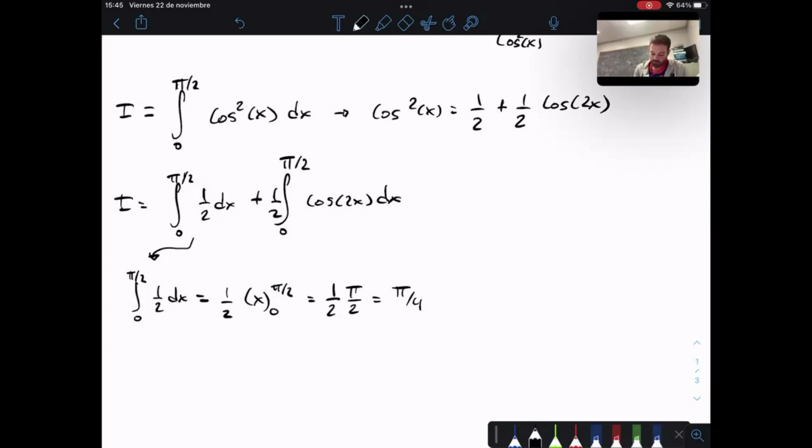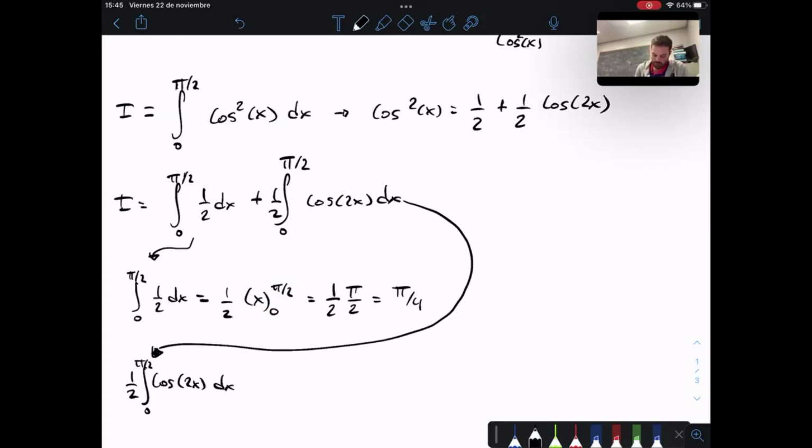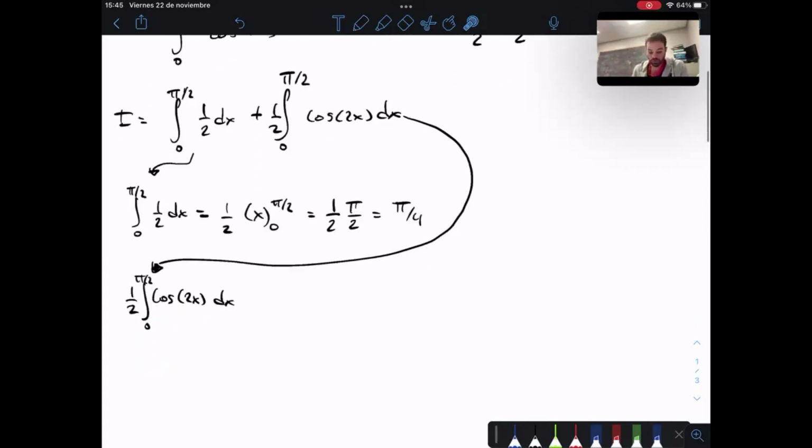The second term, the one that we have here, is going to be equal to 1/2 times the integral from 0 to pi over 2 of cosine of 2x times dx. Now, we should know that to solve an integral, we have to find a function that when we take its derivative, we find the integrand that we have in our integral, right? Which means that we have to find a function that when we take its derivative, we find cosine of 2x.